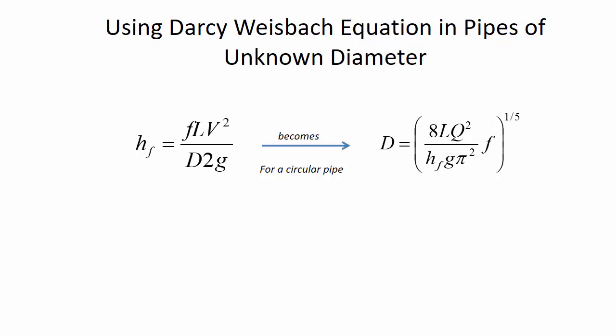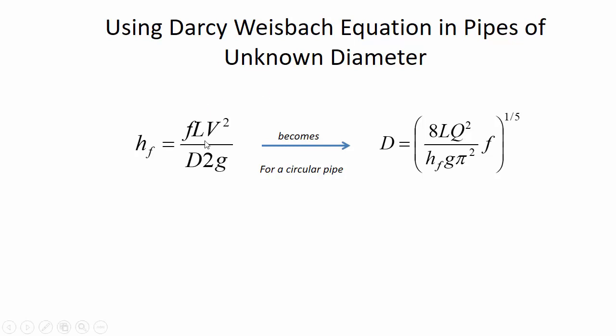So we could also say that H sub F is F L Q squared divided by 2 G A squared. That's not an approximation, it's the same thing, where we're just swapping out what we have for the V.